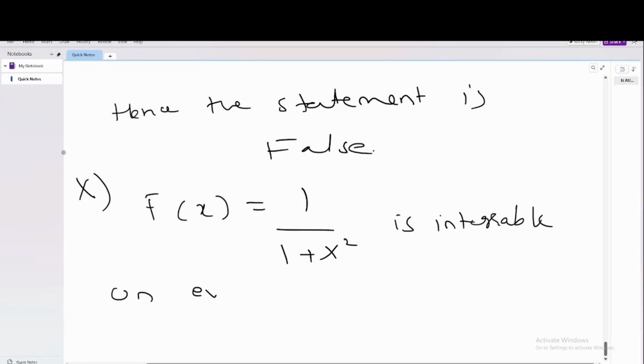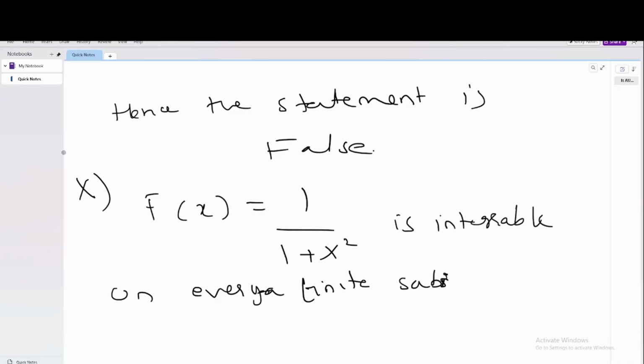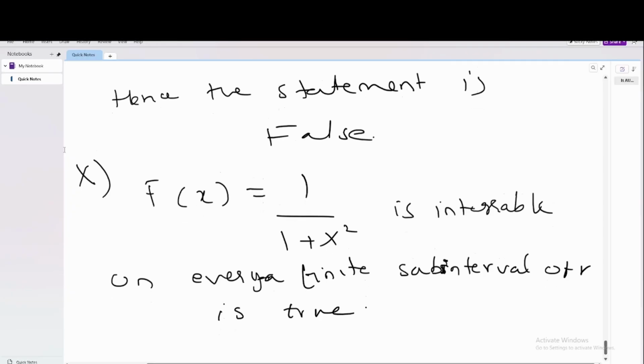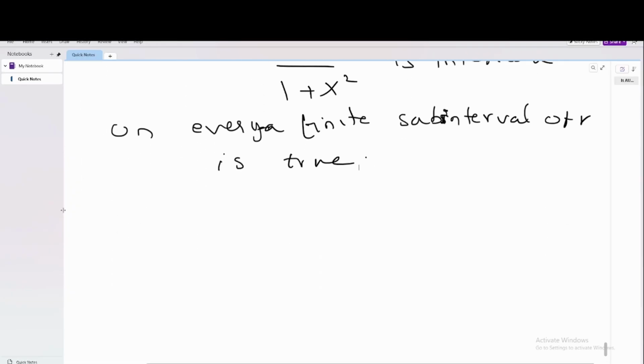F of x is equal to 1 by 1 plus x square is integrable on every finite subinterval of R. This is true because of three conditions. First condition: the denominator is not 0.